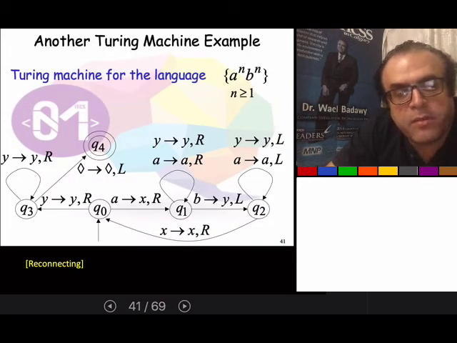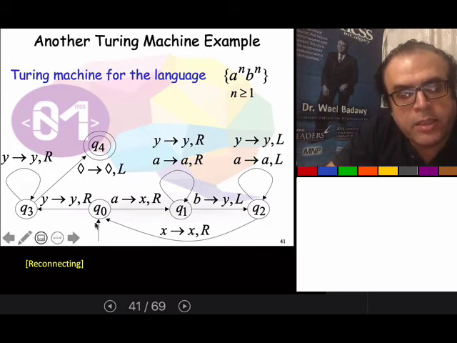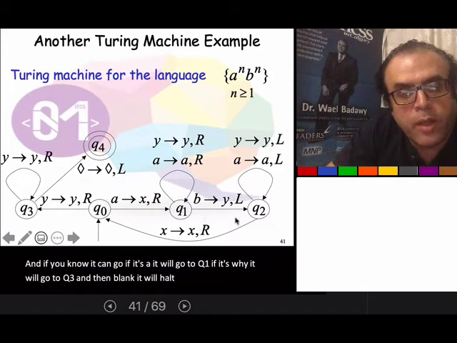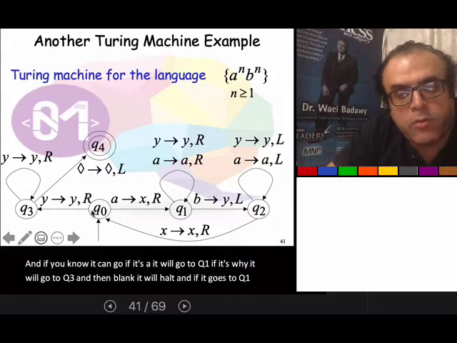Another example is the Turing machine for the language A to the power n, B to the power n, where n is greater than 1. I have here the initial state Q node. If it's A, it will go to Q1, if it's Y, it will go to Q3, and then on a blank, it will halt. If it goes to Q1, it then turns back to Q2.